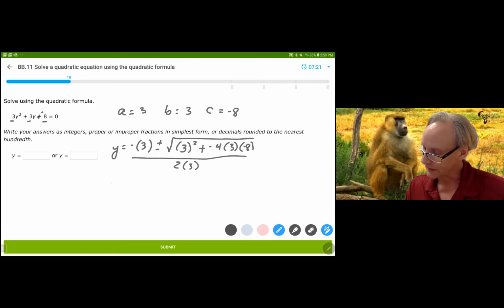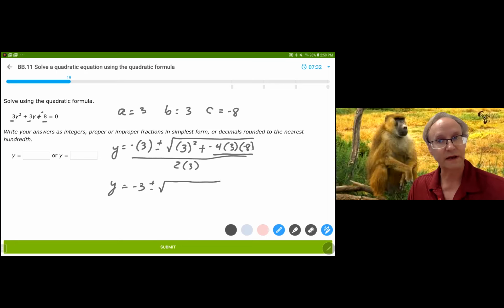So we get y equals -3 plus or minus the square root. Now this right here is 12 times 8, which is 96. And then double negative makes it positive 96. And 9 plus 96 is 105. And it's over 6.